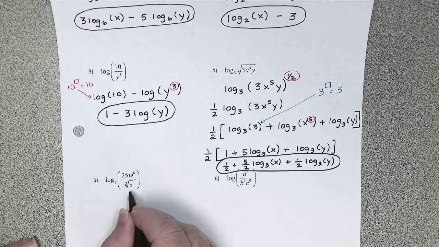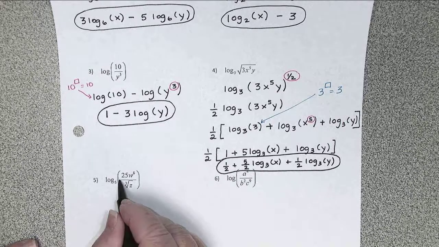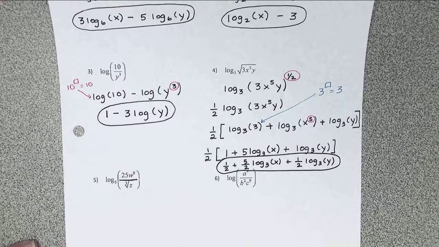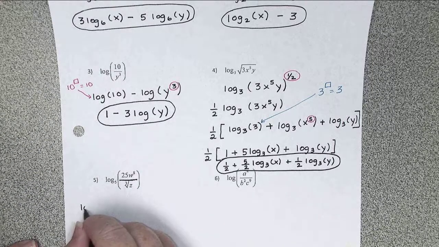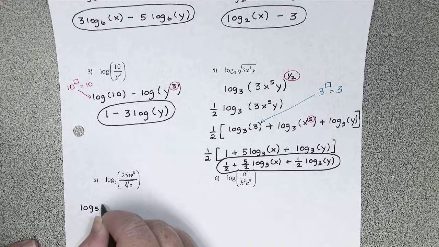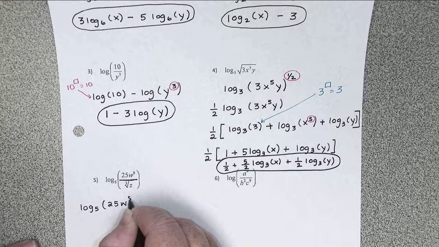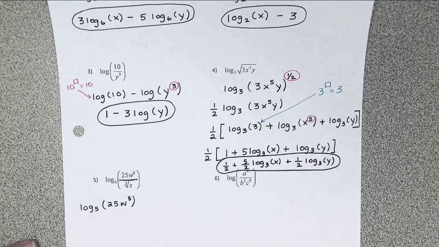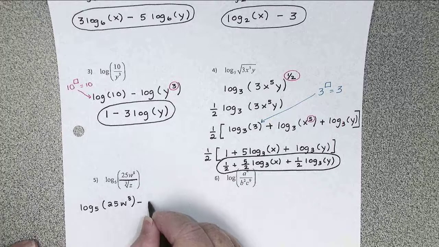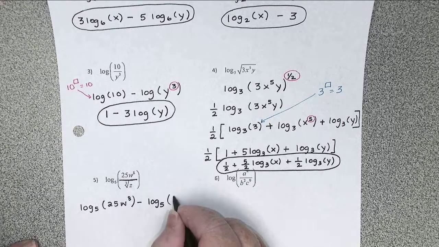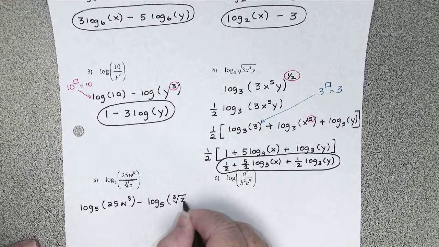So let's begin by saying, all right, right where that division bar is, I'll separate that into the difference of 2 logs. So the log base 5 of the numerator, 25w to the 8th, divided by the log base 5 of the denominator, the cubed root of z.